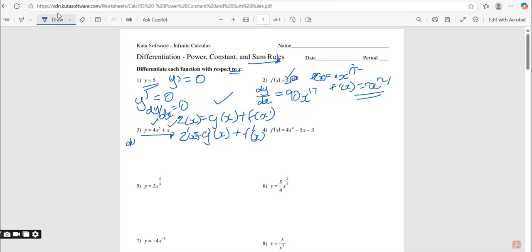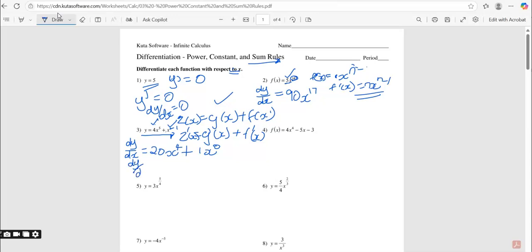So your dy/dx will be equal to, here we apply the power rule, 5 times 4, which is 20x, and then the exponent you subtract 1, which is 4, plus, also apply the power rule here, 1 multiplied by 1, it's 1, and then x, then from the exponent we subtract 1, it's going to be 0, and anything to the power 0 is 1, then 1 times 1, it's 1.